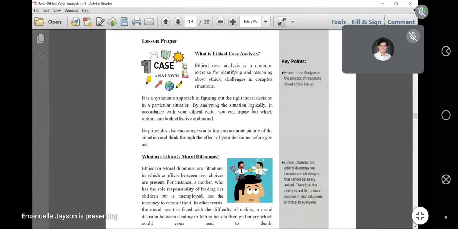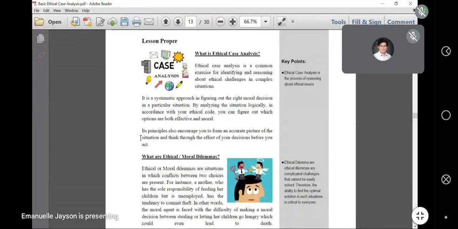So by analyzing the situation logically in accordance with your ethical code, ano man yung magiging ethical code nyo later on, yung business ad, particularly FinMan, financial management, you have your own ethical codes. So you can figure out which options are both effective and moral. So its principles also encourage you to form an accurate picture of the situation and think through the effect of your decisions before you act.